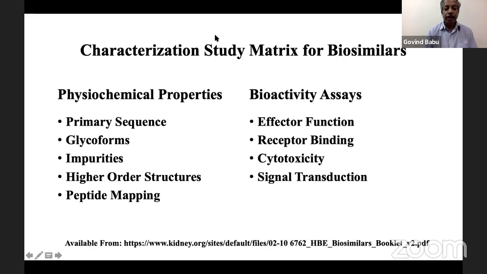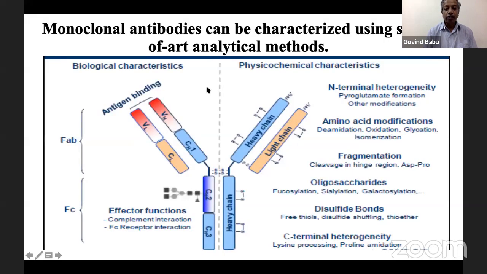The other thing is characterization of the study matrix for biosimilars, the physicochemical properties, and the bioactivity assays. And this is just a listing of the various steps that they need to look into. Now, monoclonal antibodies, which are essentially the biologics, can be characterized by using state-of-the-art analytical methods.